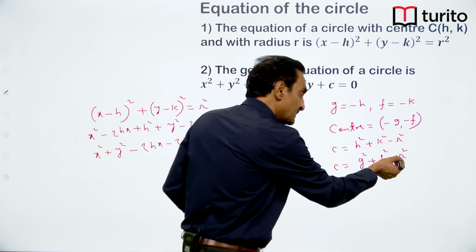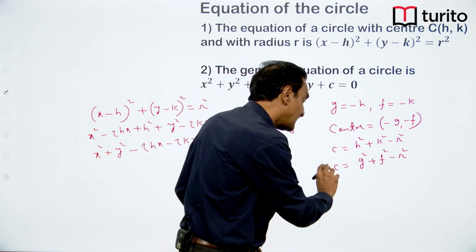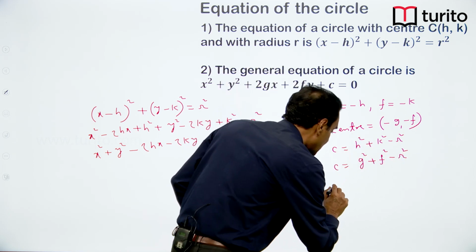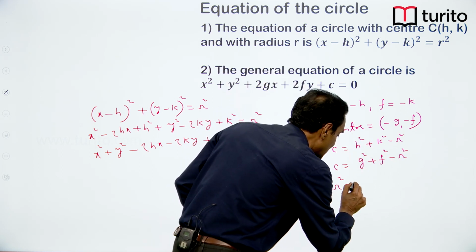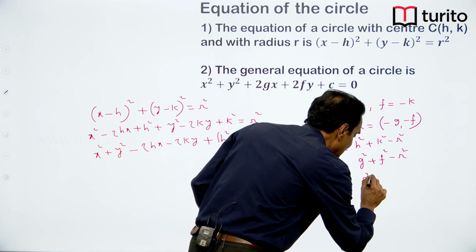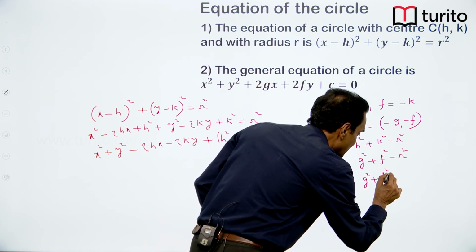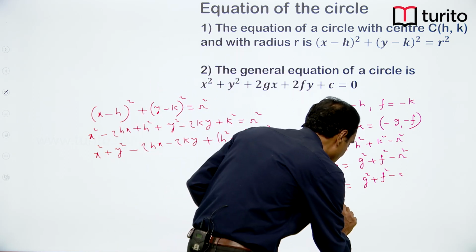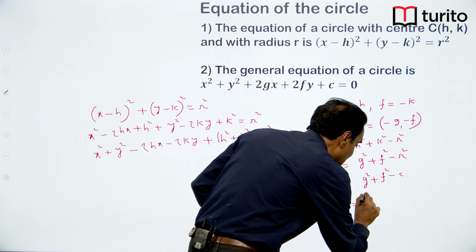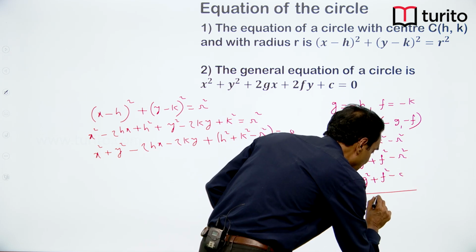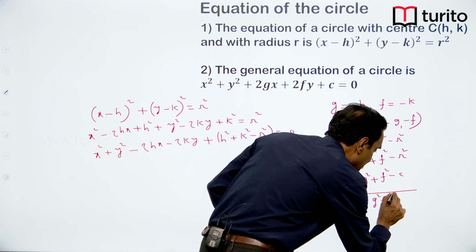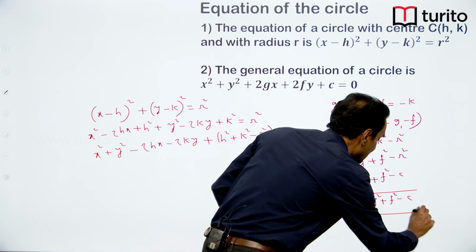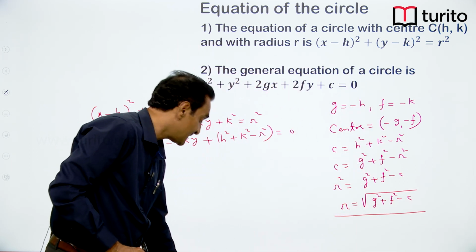Then, taking minus r square to left hand side and c to right hand side, you will get r square is equal to g square plus f square minus c. So, r will be equal to square root of g square plus f square minus c. So, this is the formula for radius of the circle.